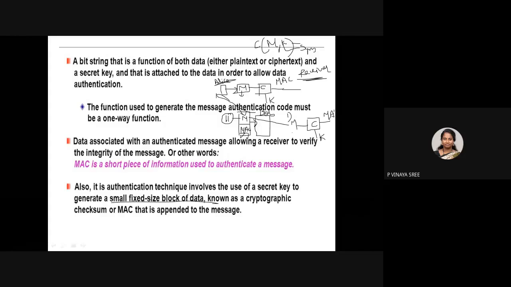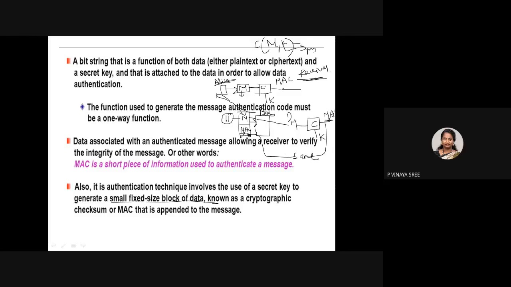Now, how can a receiver know that the message received is not modified? It is based on what? Bob has calculated a MAC. The MAC from Alice and the MAC Bob has created will be compared. If both are the same, then there is no modification. The message is exactly what the sender has sent, the same message as received by Bob.